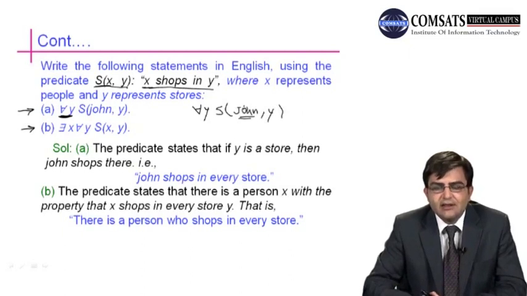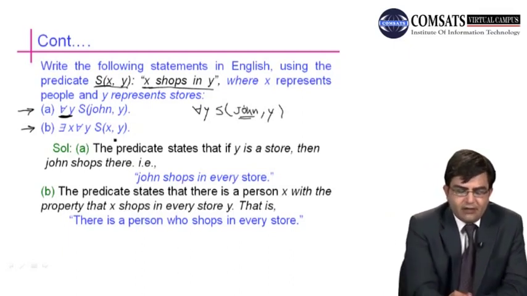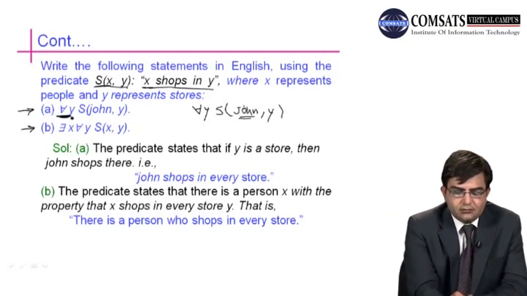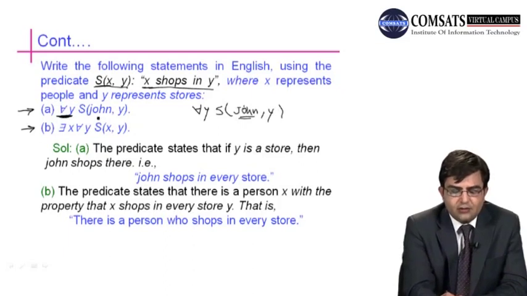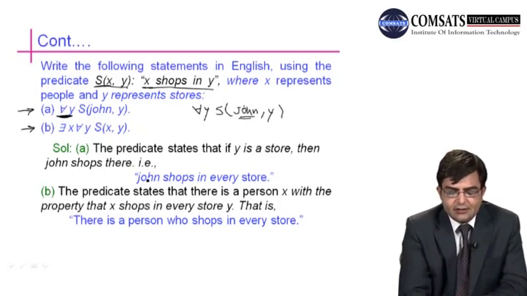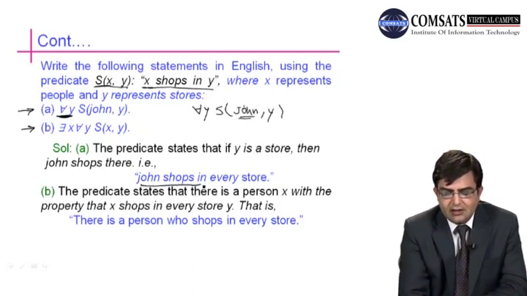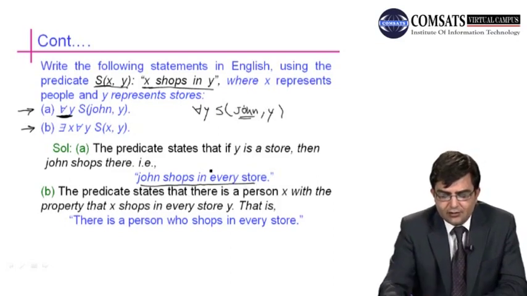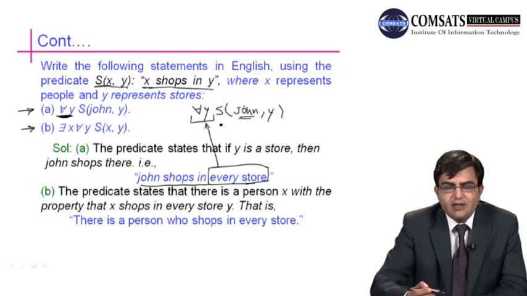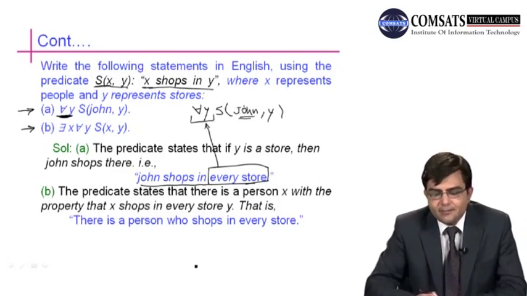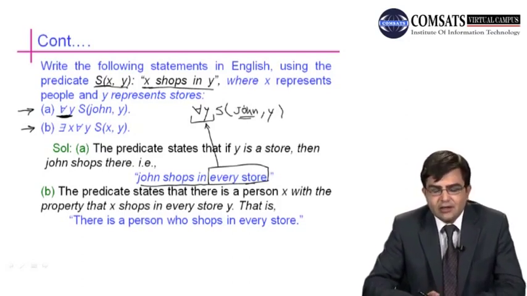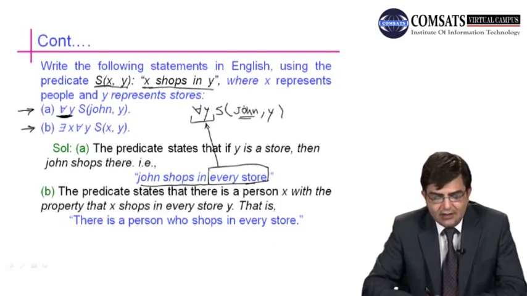John is basically here some person. So for all y means in every store John shops. So how can we translate it into simple English? John shops in every store. Every store, because we have for all y. For all y means every store, but John is single here. So John shops in every store.